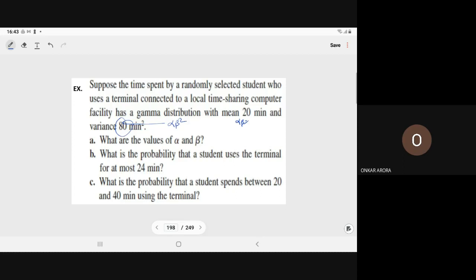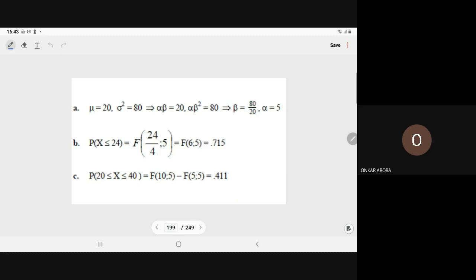So first, it is given to you that the time follows the gamma distribution. It means it is a non-standard gamma distribution. So here let x follow the gamma distribution with unknown alpha and beta. These things you have to determine. But one piece of information is given to you, mu is equal to 20. So mu equal to 20 means alpha beta is equal to 20, and here we have the variance equal to 80, means alpha beta squared is equal to 80.